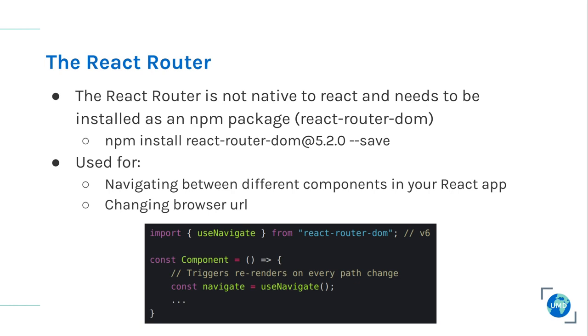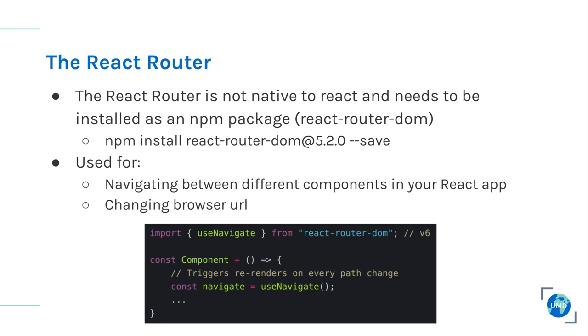So again, it's used for navigating between different components in your React app and helps change the browser URL. If you take a look at an example at the bottom, we use import to first import the useNavigate hook from the React Router DOM.